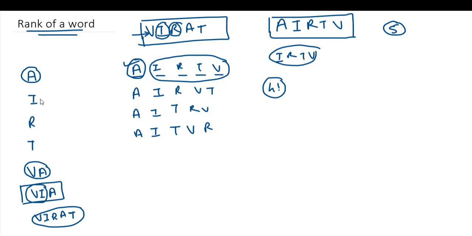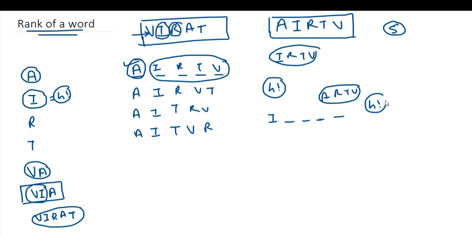In a similar way, we'll find all the words which will be starting with the letter I, which will also be equal to 4 factorial. As in this case also, the first letter will be I, and to find all the words which will be starting with I, we'll have to arrange the remaining letters which are A, R, T, V in 4 places. 4 letters to be arranged in 4 places can be done in 4 factorial ways.